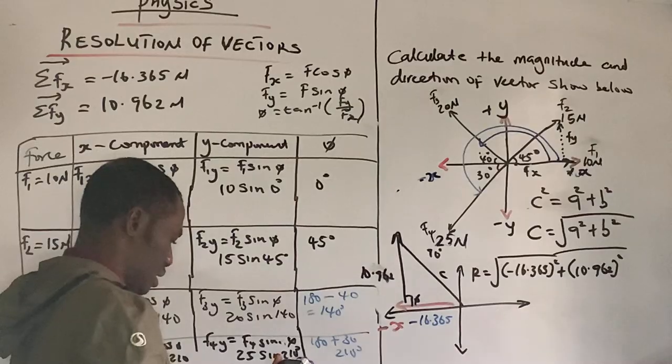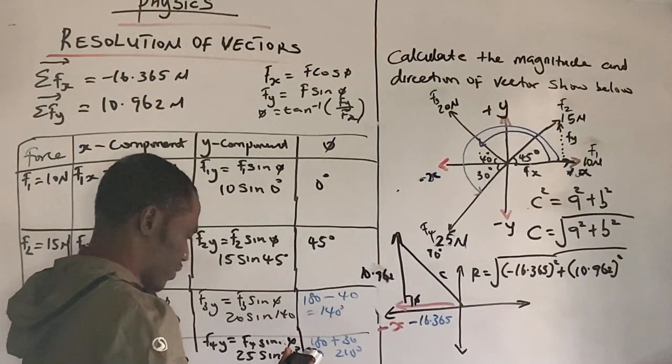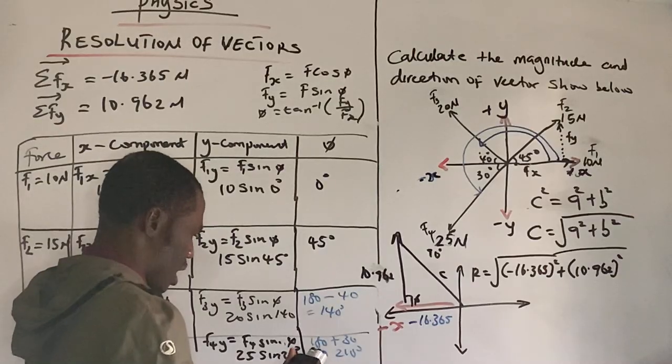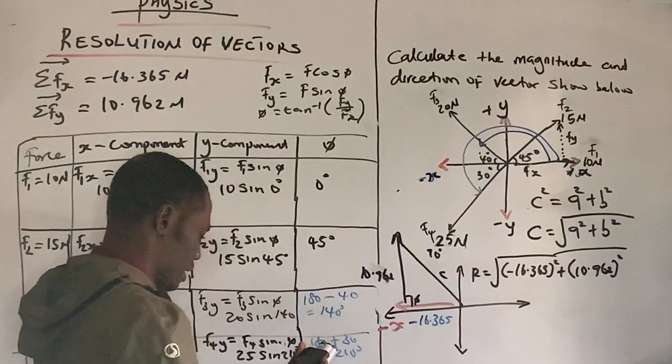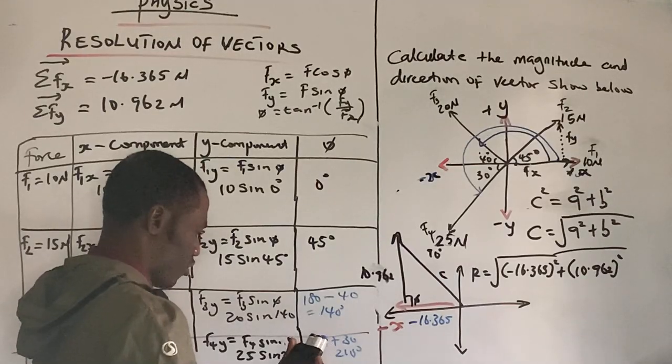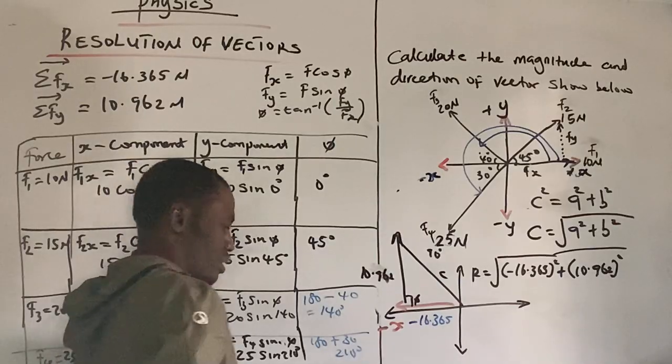So I have 16.365 raised to the power of 2 plus 10.962 raised to the power of 2. So I'm having 19.697.